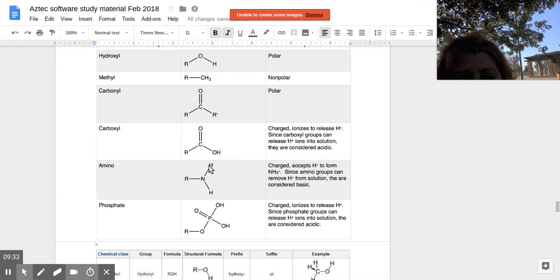Amino, an N group, 2 H's. It accepts hydrogens to form NH3, so removes hydrogen from solution and is therefore basic. And phosphate, P, 2 OH groups, a double bound oxygen and a single bound oxygen, releases hydrogen and is acidic.